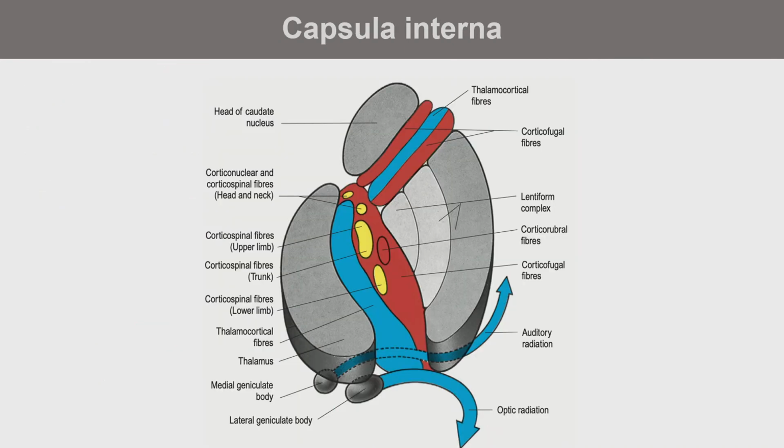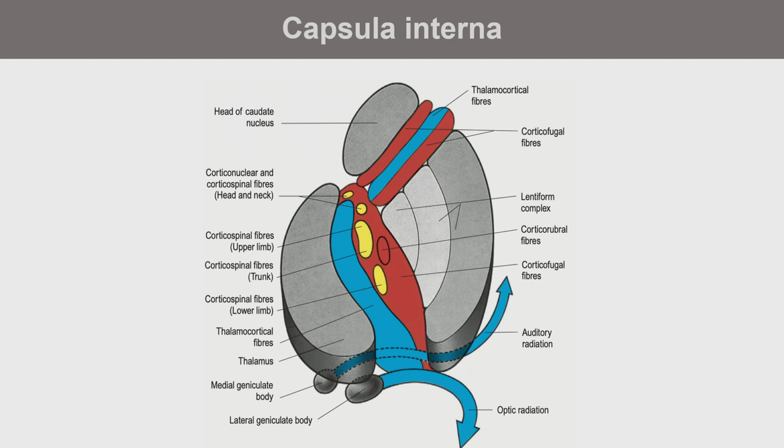What's important in capsula interna? Important is that there is a way between thalamus and cortex upwards and backwards between cortex and the centers which are below. The blue ones are ascending fibers from thalamus to the brain.